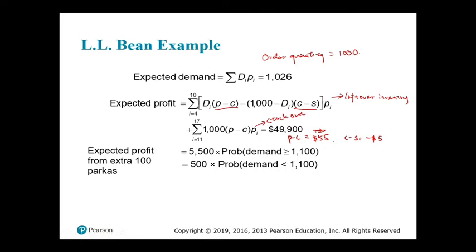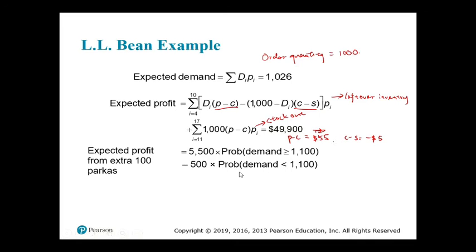If it's higher than what I order, I'm going to sell everything. And so the additional revenue I'm going to accrue from this 100 units is 55 per unit times 100. So compared to my original profit, if demand turns out to be higher than 1,100, then I'm going to make this much more money.